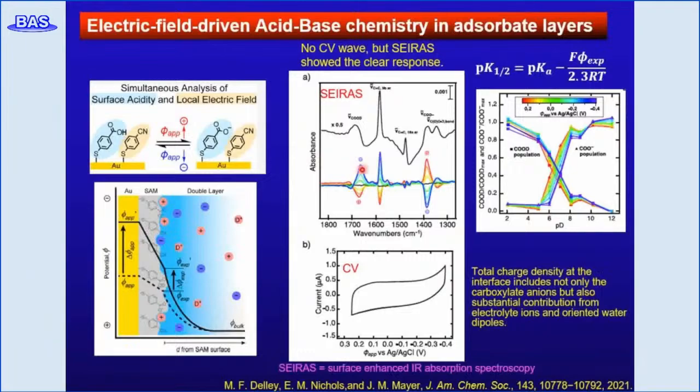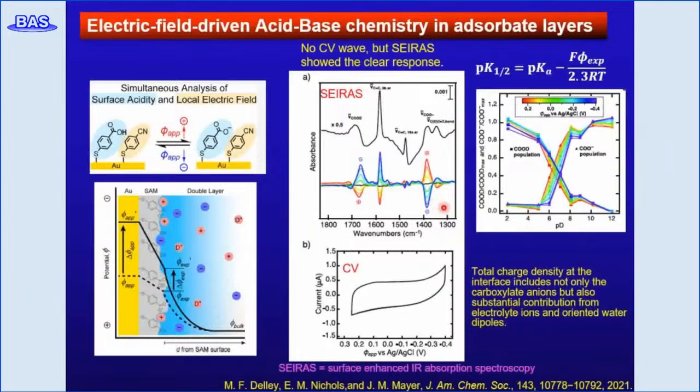In this case, no peak was observed from the CV of the electrochemistry. Instead, by using SEIRAS, we can monitor the protonation by tracking change in absorption of carboxylic acid or carboxylate at the same time, measuring the IR absorption change at different potentials.